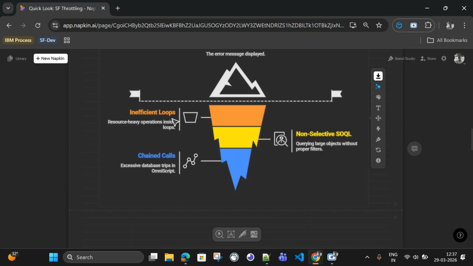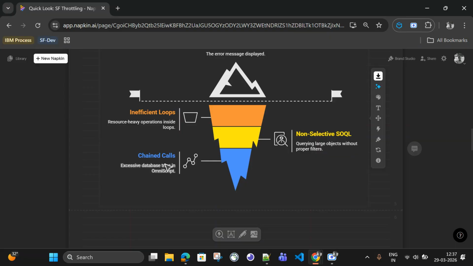It's when you use database operations or queries within your loops, which make your loop heavier on the operational side, right? Then you may have chain calls. Say you are using an integration procedure, and within that you are calling multiple database queries, where instead you can use a single query and get the things done. So you have to be very careful while working on this.